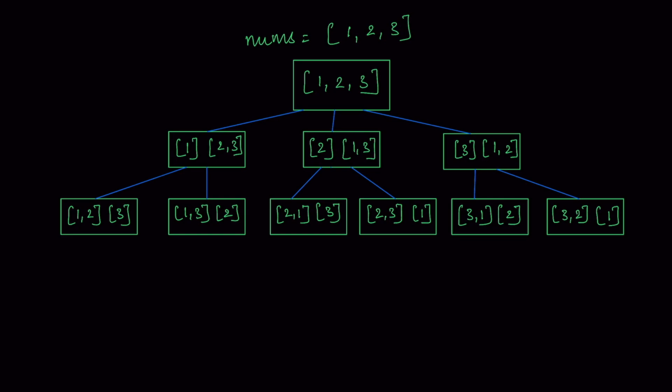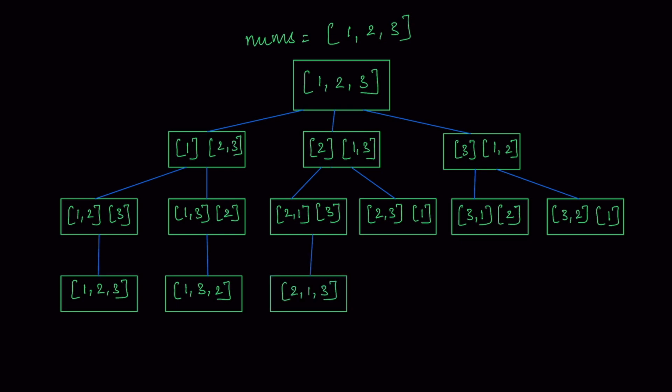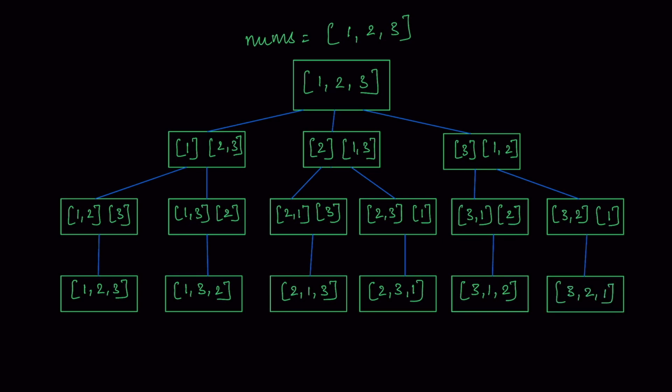So the last step is that we get the permutations 1, 2, 3; then 1, 3, 2; then 2, 1, 3; then 2, 3, 1; then 3, 1, 2; and for the last one, 3, 2, 1.